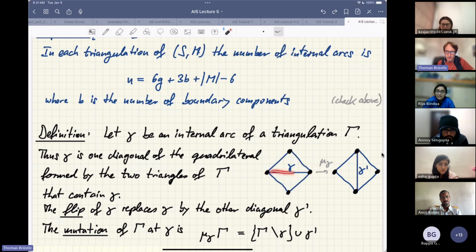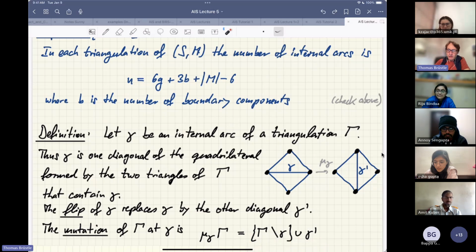I switch gamma for gamma prime. This I would then call a mutation of the triangulation at that arc gamma. That would be the new triangulation mu gamma of the triangulation, where we remove gamma and we add gamma prime.